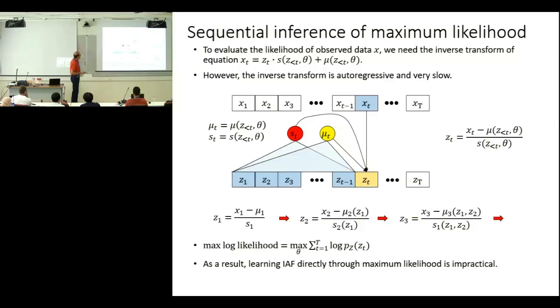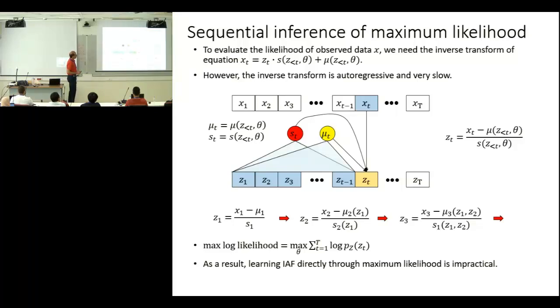In order to evaluate the log likelihood from here, we have to convert xt to zt. In order to convert to zt, we have to invert this function here to solve for zt, and this is the solution. The problem is, in order to calculate mt, we need all the previous random samples. The same for the parameter st.